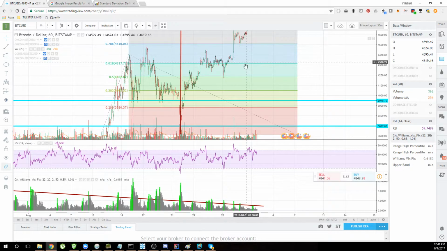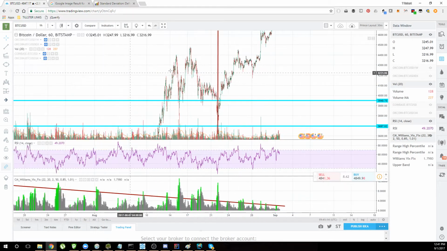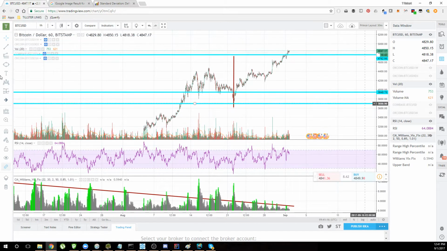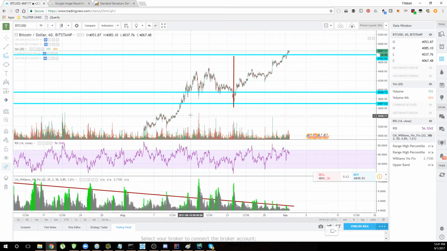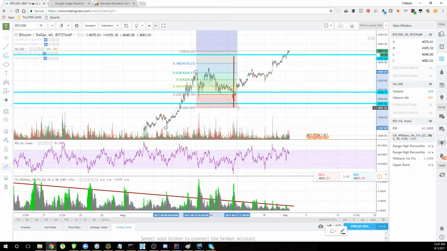I didn't have to draw the support and resistance line. All I did was I took my Fibonacci retracement tool, the trend-based Fibonacci extension, because I'm doing an extension here, and I'm saying I want to go from here to here and then extend that out.